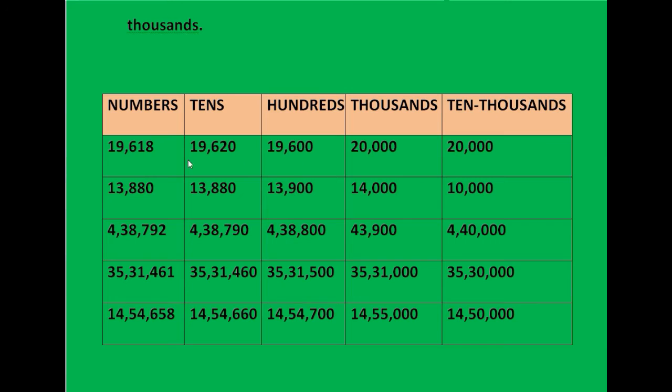Now rounded off to 10,000s. See the 10,000s digit, so it is 1. To the right of this digit it is 9, which is greater than 5. So according to rule number 1, 1 is added to this digit and it becomes 2.